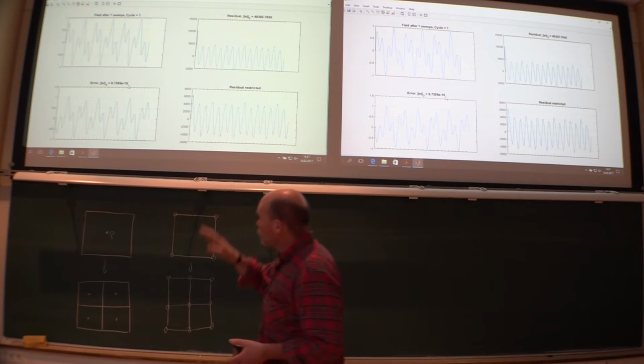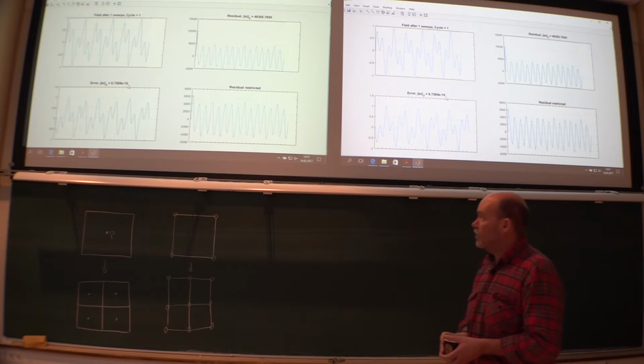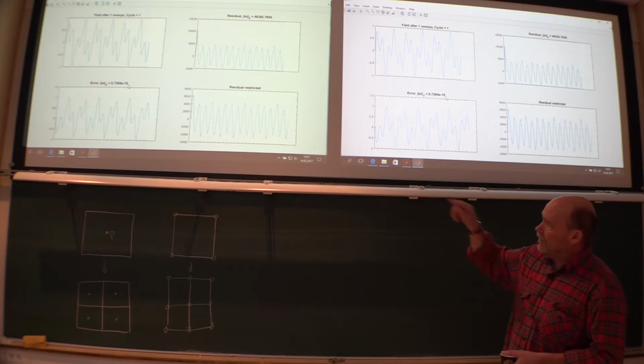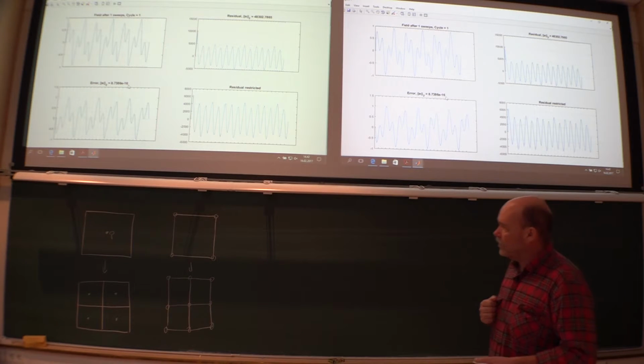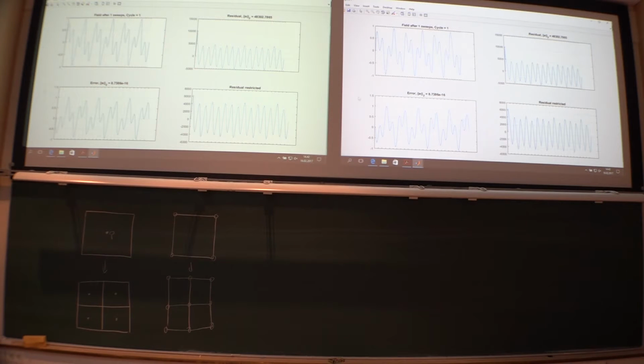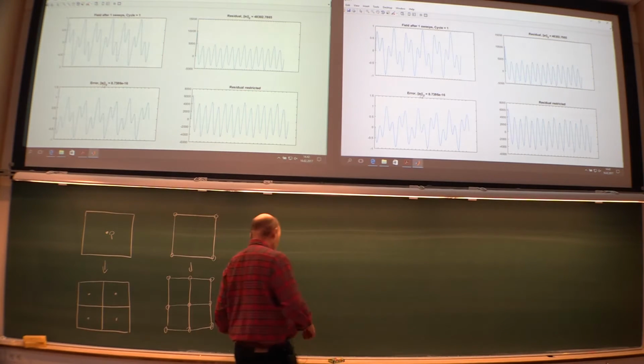So that's the solution, but only the solution on the coarse mesh system. So now we have to take the error that we found here. This signal here is actually the error. The error that's reported here is the error for the residual equation on the coarse mesh, so don't get confused.